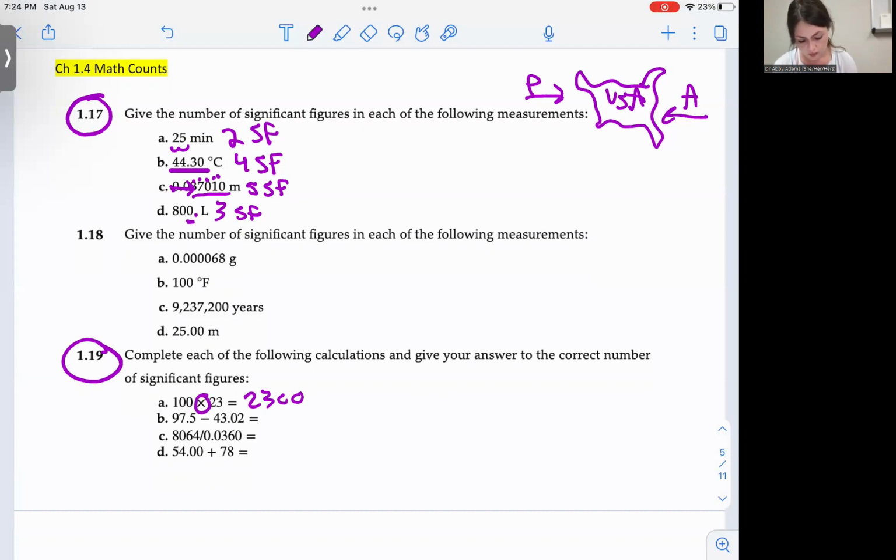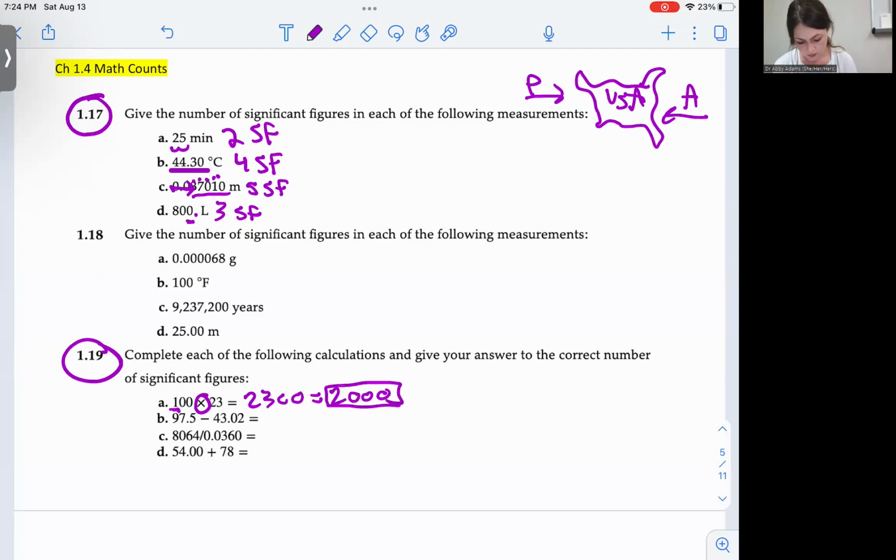And so you need to look at what? The least number of significant figures that you're given. Okay, so look, what's that? 1. So this is 3, so it's not greater than 5, that's just 2,000. So 2,000, this is the answer that you want.